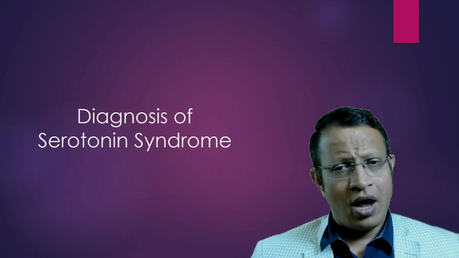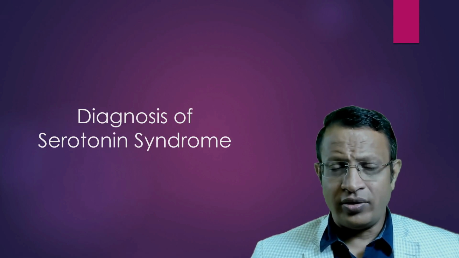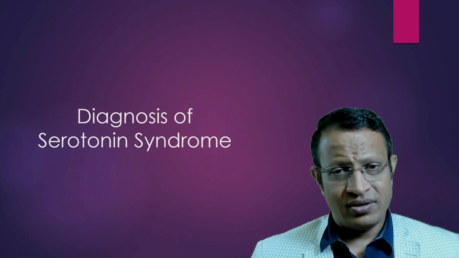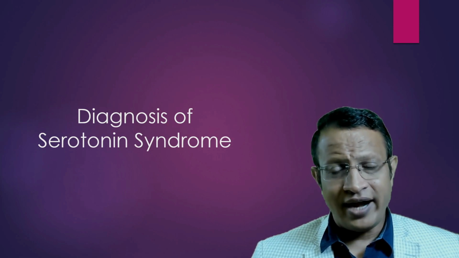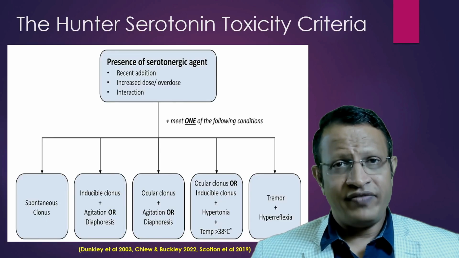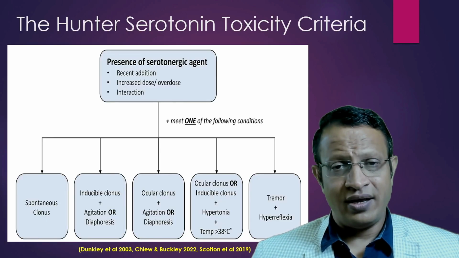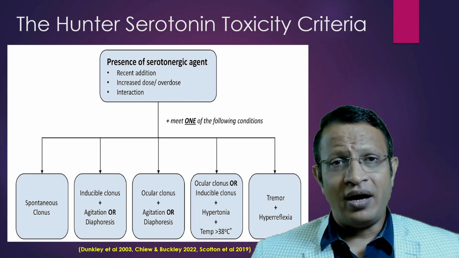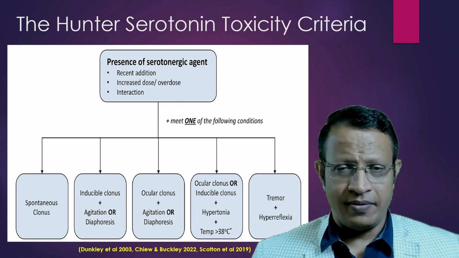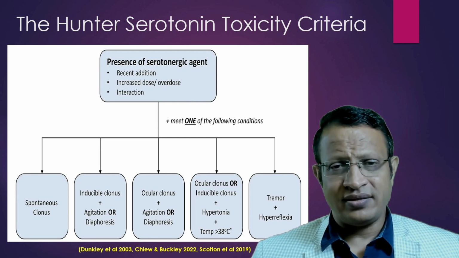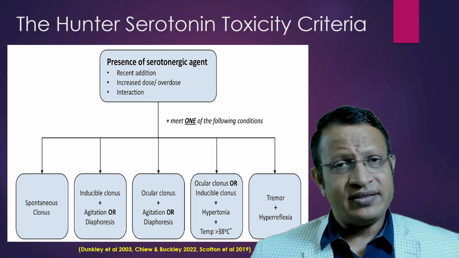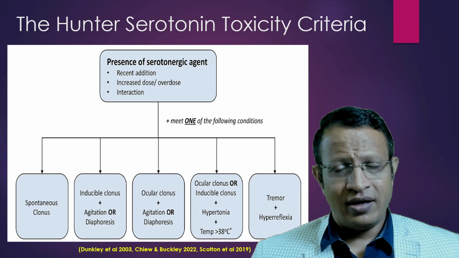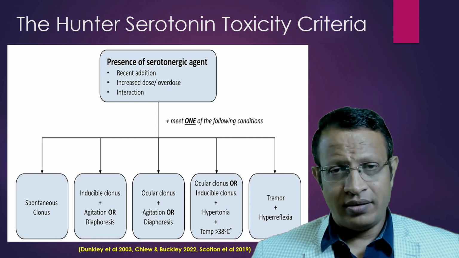Let's see how to diagnose this serotonin syndrome. Of course, diagnosis is by thorough evaluation and taking a good history. First and foremost, you need to understand the diagnosis is done by the Hunter serotonin toxicity criteria. There are various criteria available, but this one has been widely accepted. The Hunter serotonin toxicity criteria talk about two important criteria.